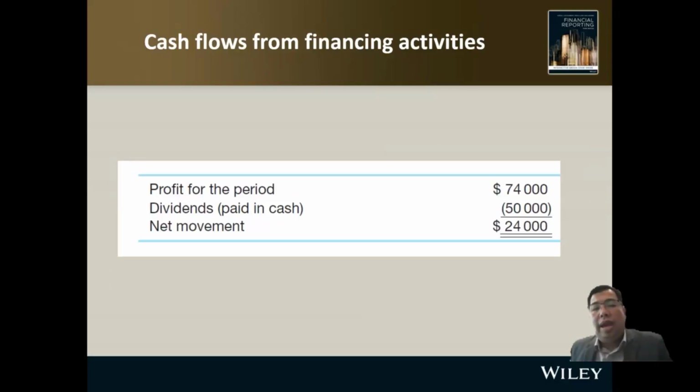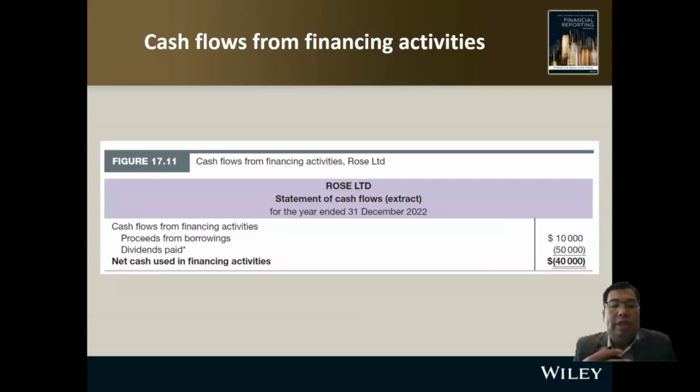And for your financing, you have this profit of 74,000. Please check that you have dividend paid in cash of 50,000. So the net movement will only be 24,000. Your profit is 74,000, you paid cash 50,000, so the increase in your equity reserve is only 24,000.